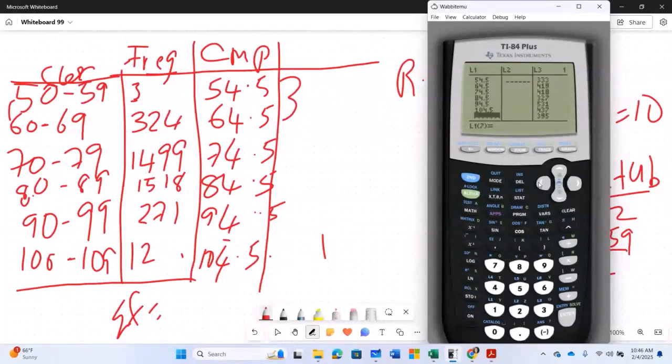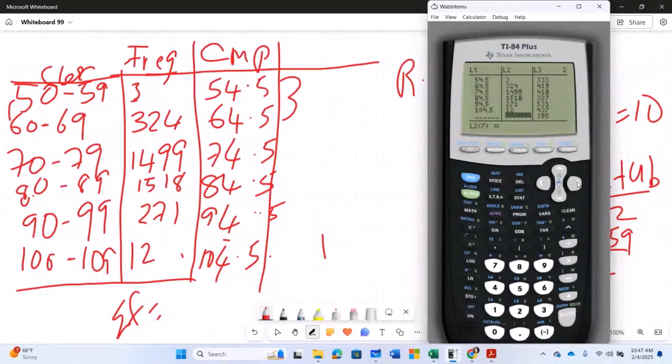Now I will go to L2. This is grouped data. Therefore, each class midpoint has a corresponding frequency. So the frequency of the first class is 3, followed by the frequency of the second class, 324, followed by 1499, followed by 1518, followed by 271, followed by 12.